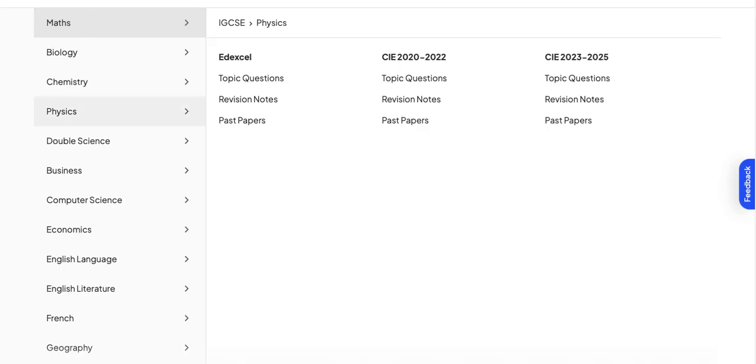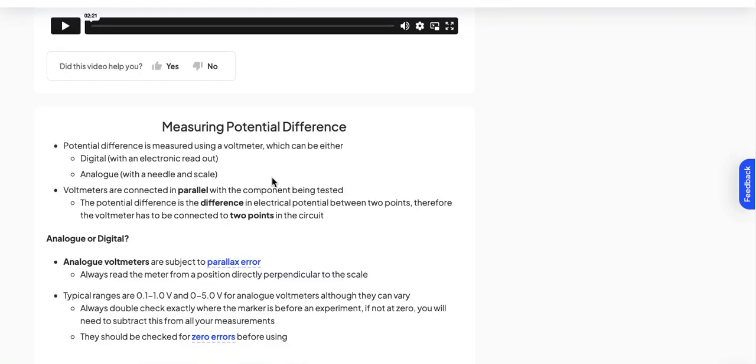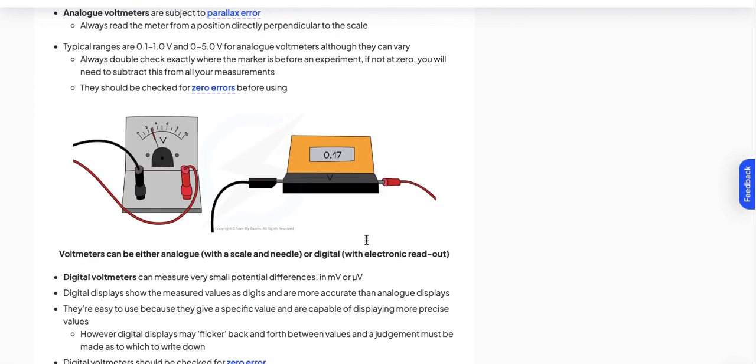Let's move on quickly. However, with the voltmeter, we have the analog one and we have the digital voltmeter. The analog one is calibrated, and when you connect across, you have to read the values yourself. This is an analog voltmeter. When you connect it in parallel, these are the wires that you connect across the terminals of the resistor or the bulb.